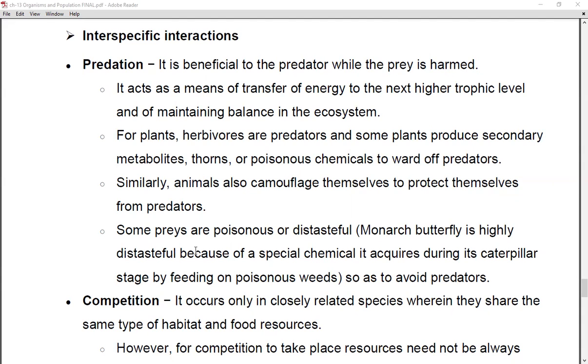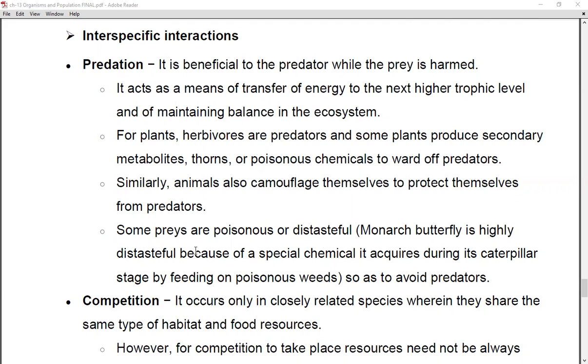Now, for the plants, herbivores are predators, and some plants produce secondary metabolites, that is thorns or poisonous chemicals, to ward off predators. You know that plants are the producers, and herbivores are those animals who eat only plants. So the herbivores feed on the plants.